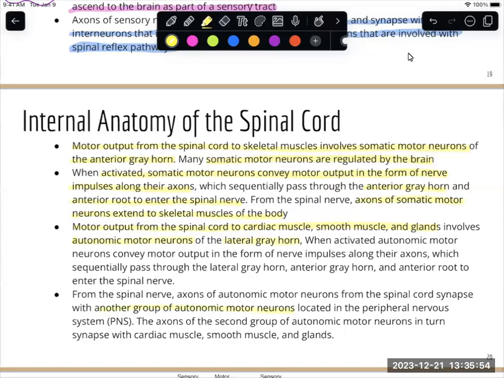We'll talk about that more when we get to the autonomic nervous system, how that all works. But autonomic neurons tend to synapse with more neurons before they get to their target organ. That's introducing it. When we get to the autonomic nervous system, we'll see how that works.